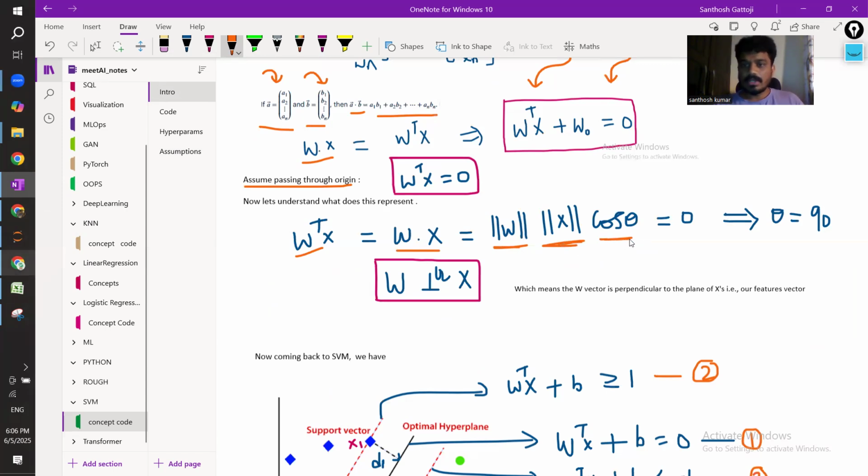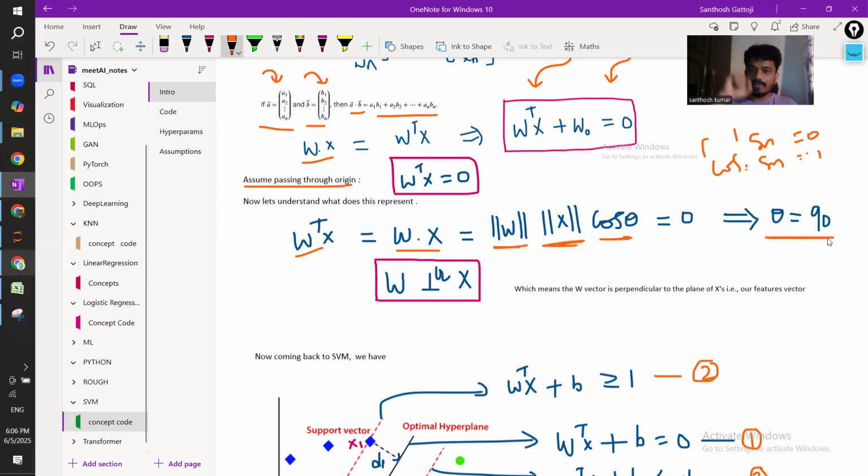When will this be 0? When you have theta 90, cos 90 is 0. Sine 0 is 0 and sine 90 is 1. Reverse is cos 90 is 0, cos 0 is 1. So when the angle between them is 90, then it is 0.